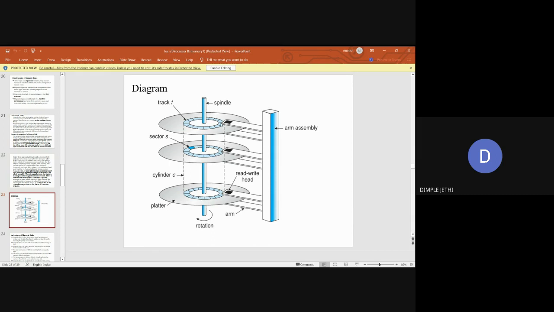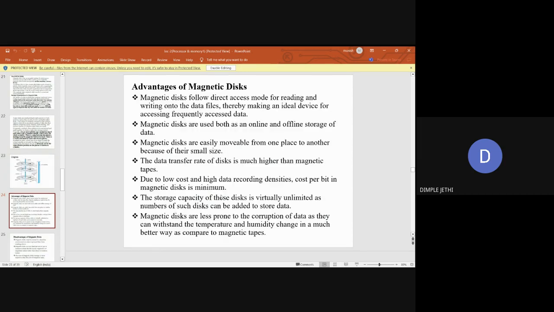So you can see how data is stored and read from the hard disk. The spindle will rotate all the platters, and all platters will be on the same position of track and sector, which will form a cylinder shape, right?